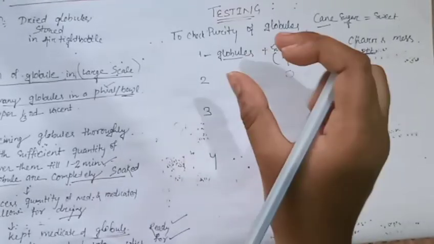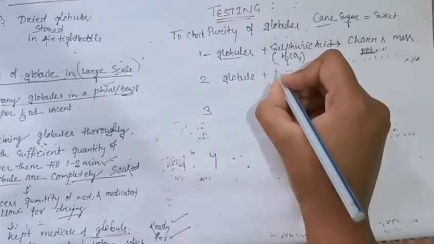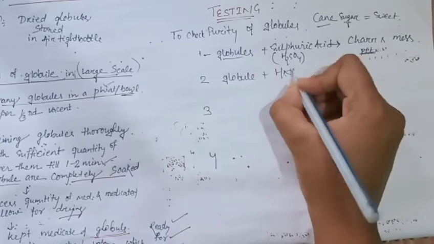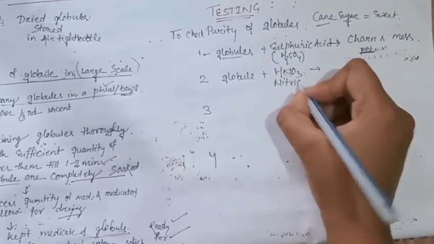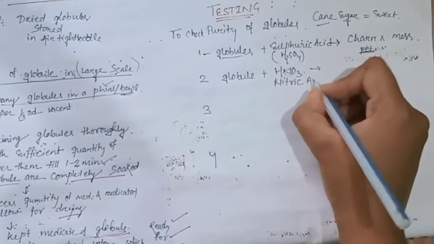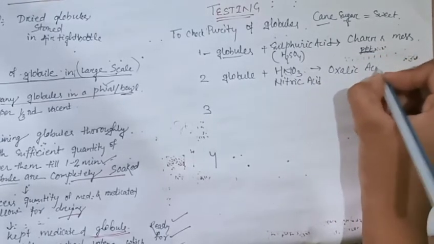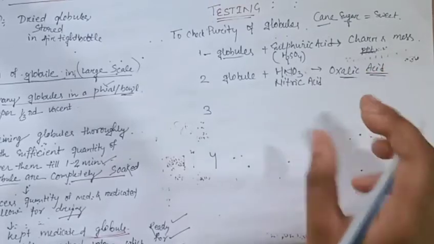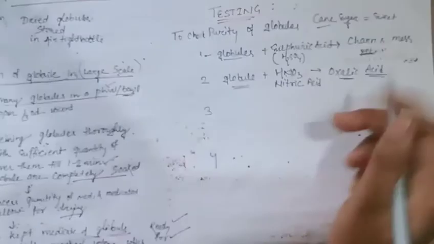Another way to check the purity of the globule is by adding concentrated HNO3, nitric acid. When we add nitric acid, a chemical change occurs and a new product is formed, that is oxalic acid. If oxalic acid is formed, we can say that the globule is in its pure form. And why do globules form oxalic acid?